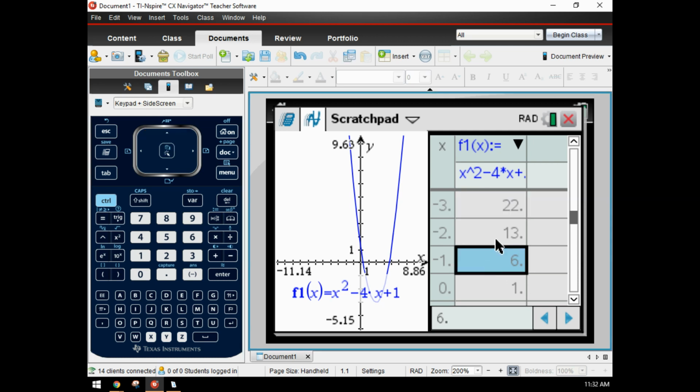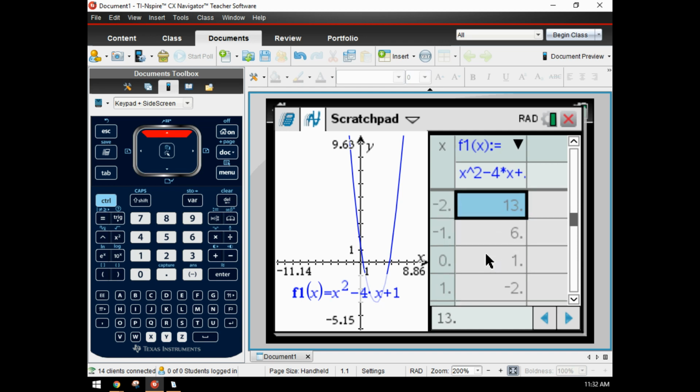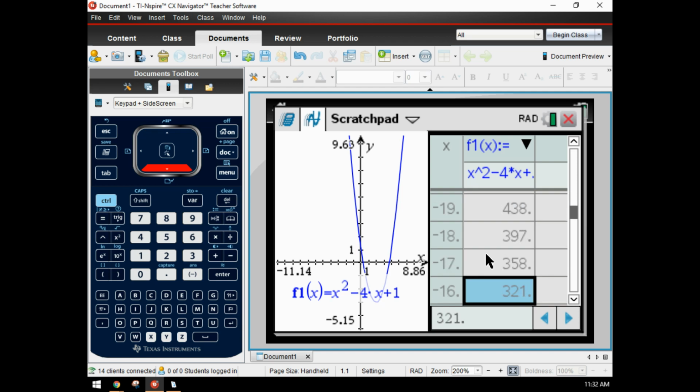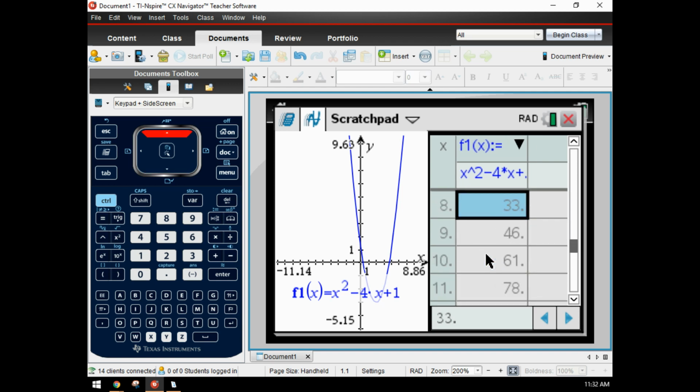If it's not clicked on, then click on the table over here, and then you can scroll up and scroll down to find whatever table values that you need. Okay, it goes on forever. So we don't usually need that big of numbers, but they're there. You would just have to find them.